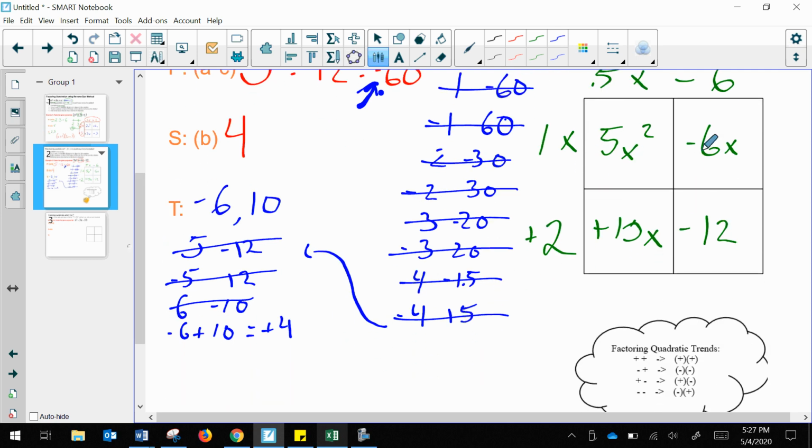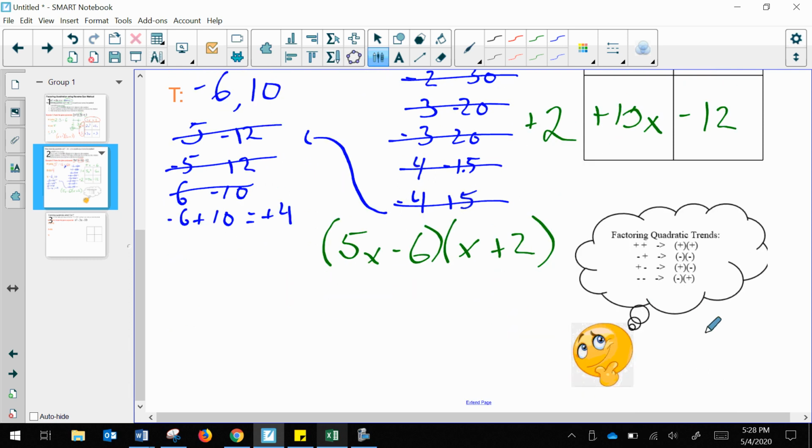So we'll scroll down here, and my answer is going to be 5x minus 6 and x plus 2. Notice I have a negative here and a positive here. Our little friend here, when factoring quadratic trinomials: if in my quadratic expression I have a plus and a plus, I'm going to have a plus and a plus in my binomials.